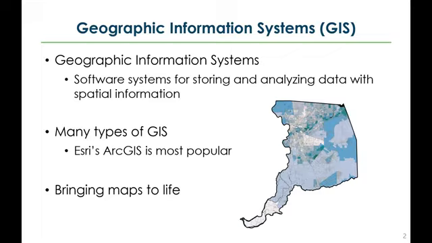So there are lots of different types of geographic information systems, and Esri's ArcGIS is the most popular. It's been around the longest and has the most commercial support in the industry.